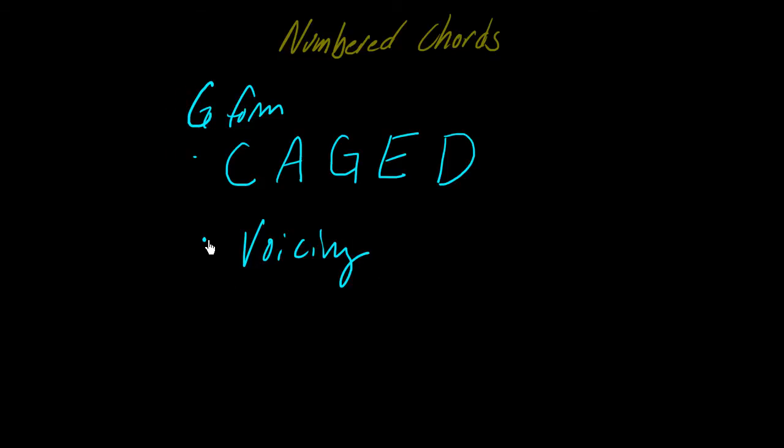Now, a great way for me to explain that is to say that if you play the same song in the same key, even using G form versus using the C form, even though the chords are exactly the same, the song is the same, they're going to sound different in the way the chords sound. And certain forms sound better for certain songs. And there's no rule other than that. That's just how it happens.